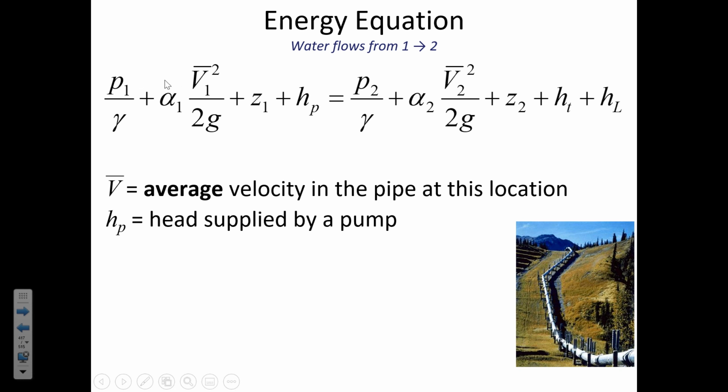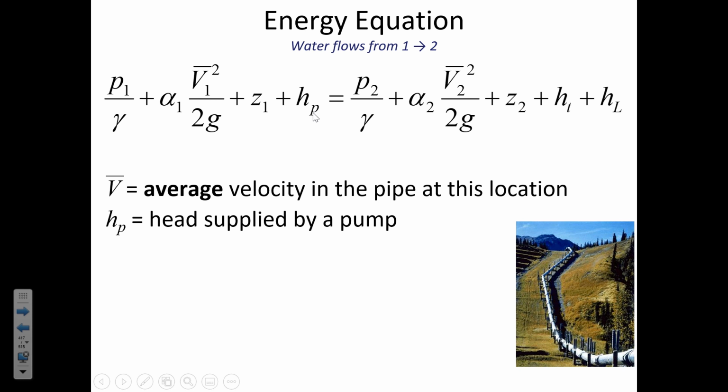Each one of these terms will have units of length. So Z has units of length, meaning either feet or meters. Pressure divided by gamma has units of length, and so does the head supplied by a pump. What we're doing is quantifying how much energy has been added to the system in between 1 and 2.